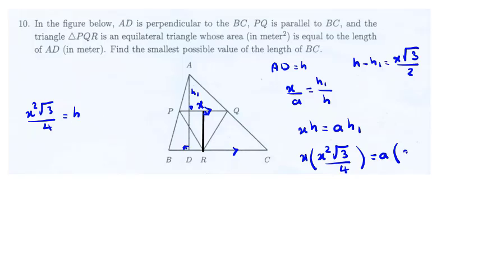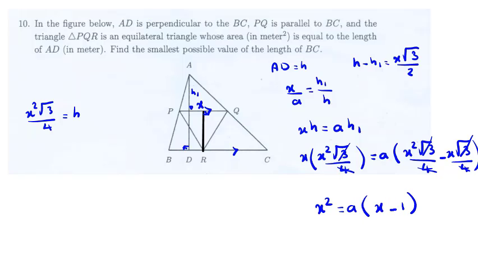H is this, so it will be x squared root 3 over 4, h minus x root 3 over 4. You can divide both sides, it will be x squared root 3 over 4 minus x root 3 over 4. We can cancel root 3, and we can cancel x, we can multiply both sides by 4, and we can divide both sides by x, so we have x squared equals a times x minus 1.